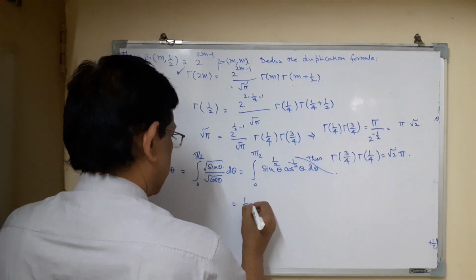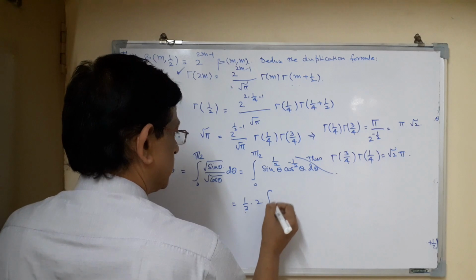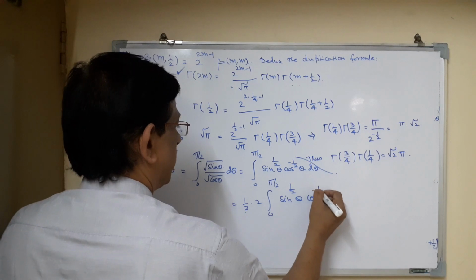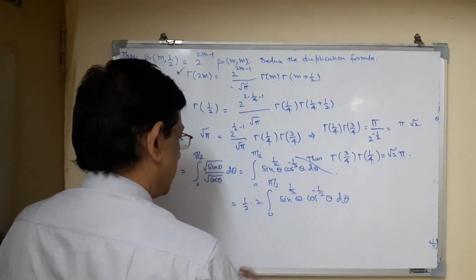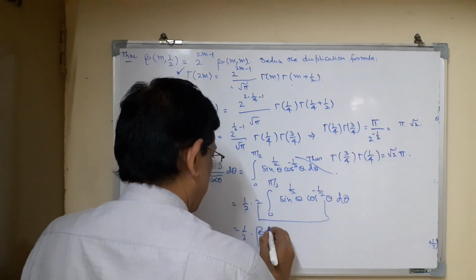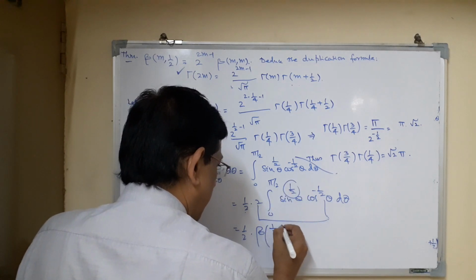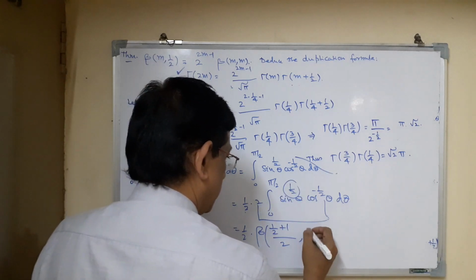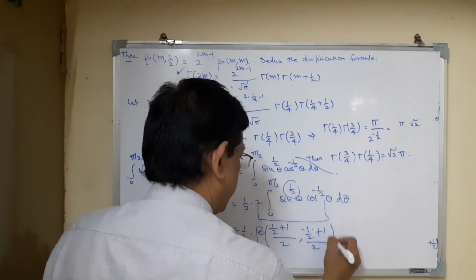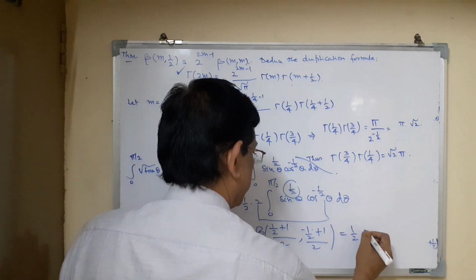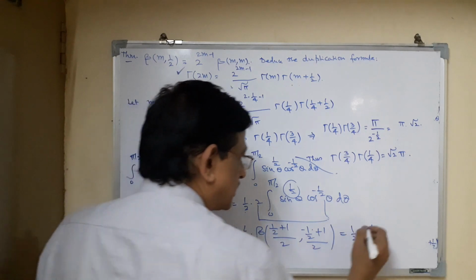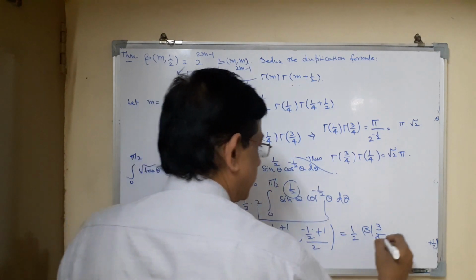Now I want to multiply by 2 and divide by 2. 2 into integral 0 to pi by 2 sine power half theta cos power minus half theta d theta, divided by 2. This is equal to 1 over 2. What is this? This is beta of half plus 1 by 2, comma minus half plus 1 by 2, which is equal to 1 by 2 beta of 3 by 4 comma 1 by 4.